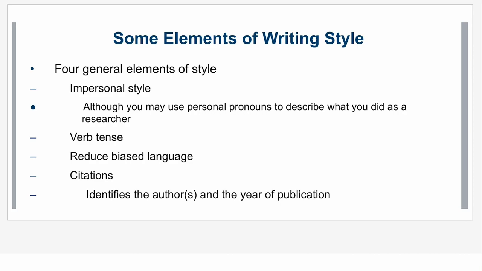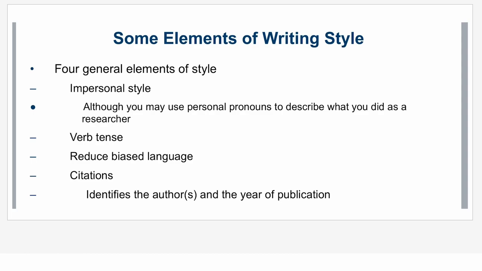Also, along the language thing, the third element is reducing biased language. That really just boils down to being respectful, making sure you're using the right terms for race, gender, age, or whatever, and that it is unbiased, objective, and respectful.